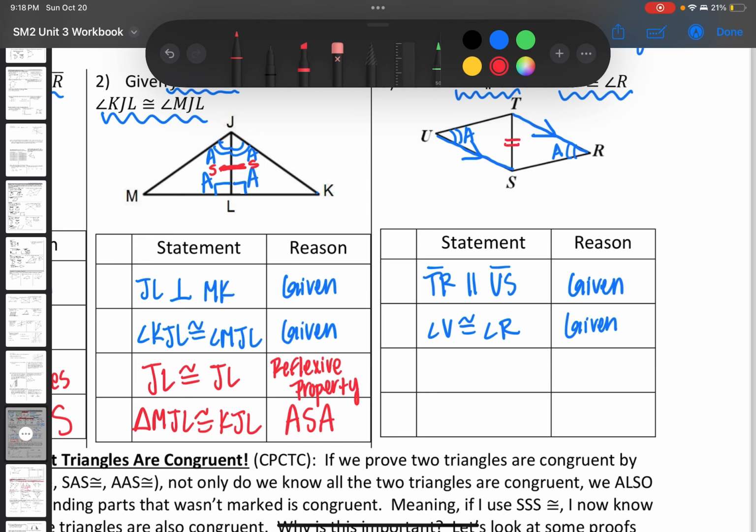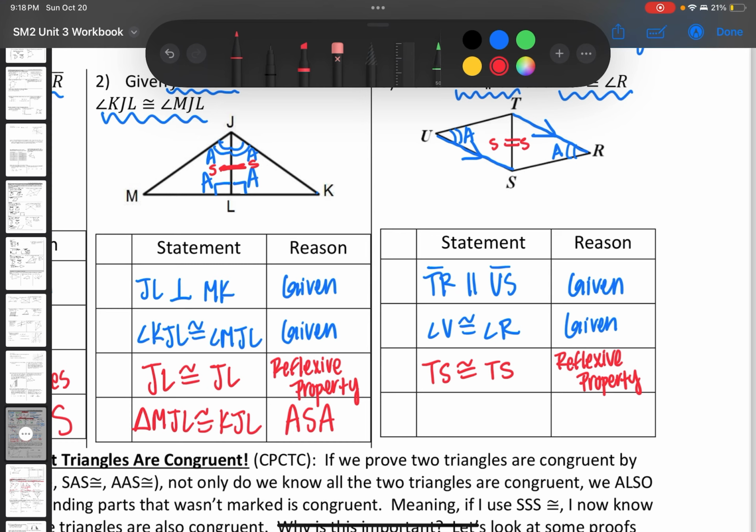So side TS is congruent to side TS because of the reflexive property. These two triangles share a side, which means they're congruent. So far I have angle, side.